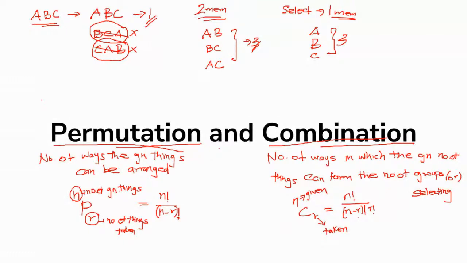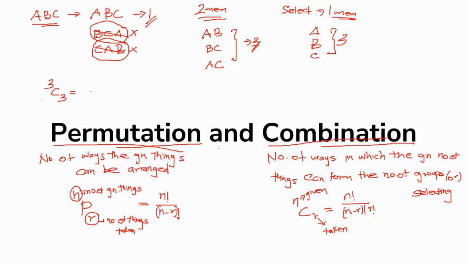If you want to check it, shall we do it? In the first case, I have three members, so n becomes 3. Since I want to select a three-member group, I go for combinations, so the number of things taken is 3.